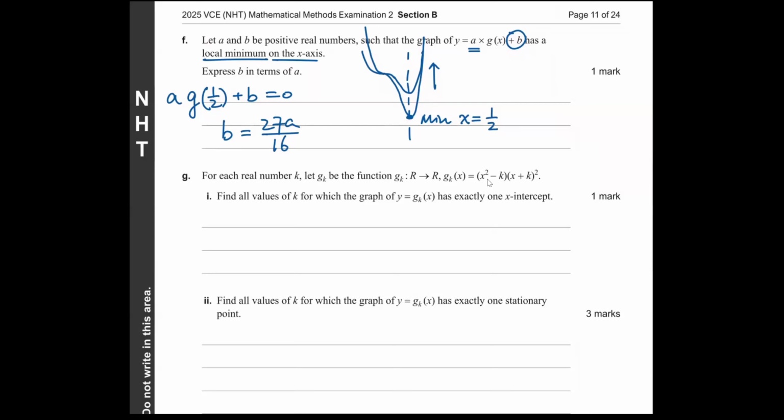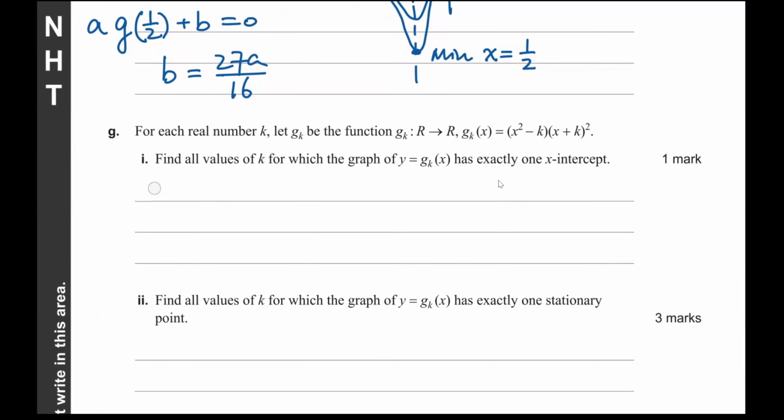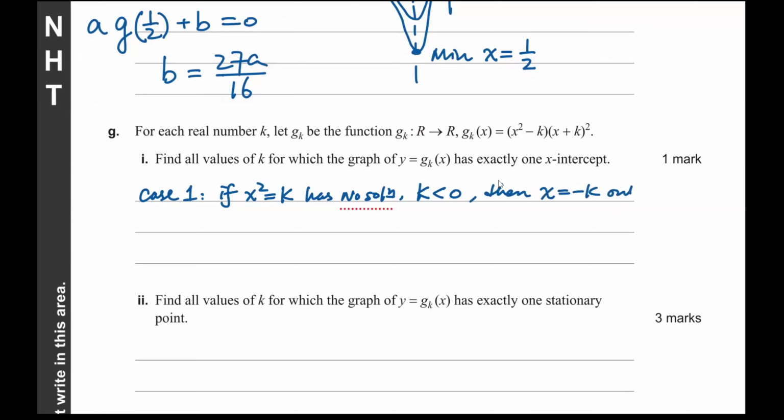So you might have a situation where, case 1, if x squared equals k has no solution, that means k is less than 0. So then x equals minus k only. That is exactly one x-intercept.